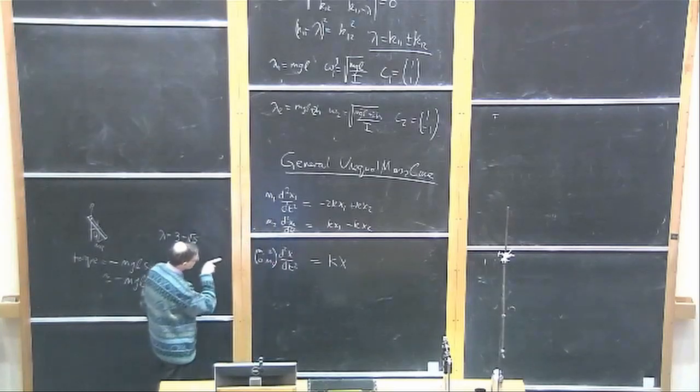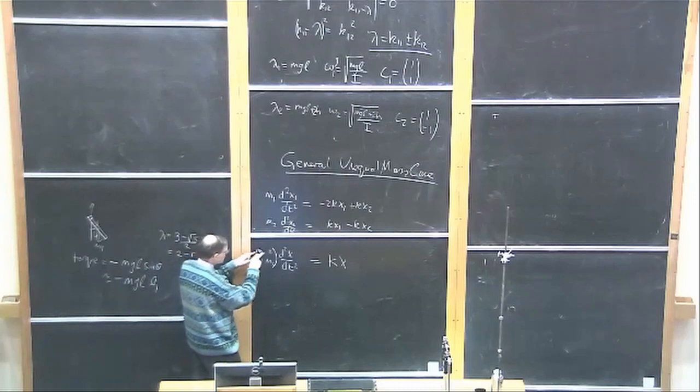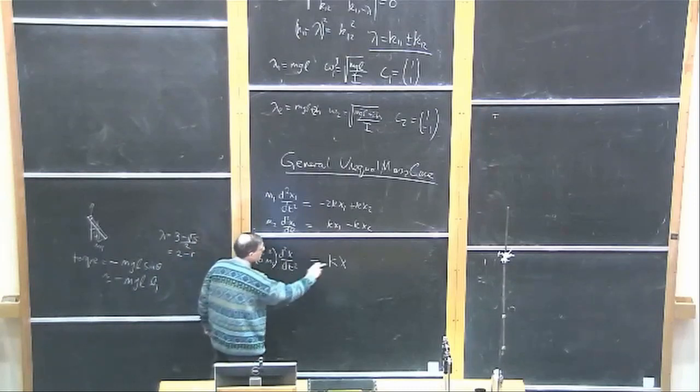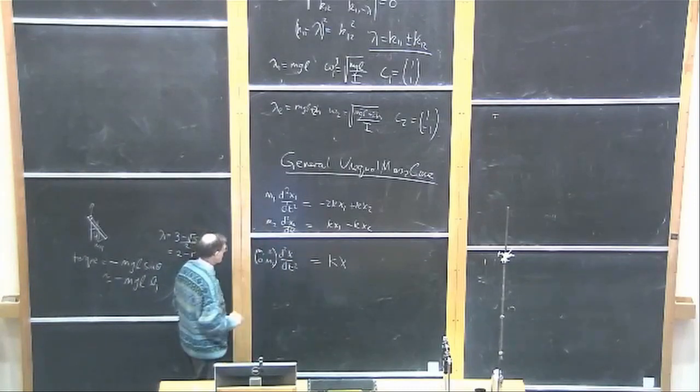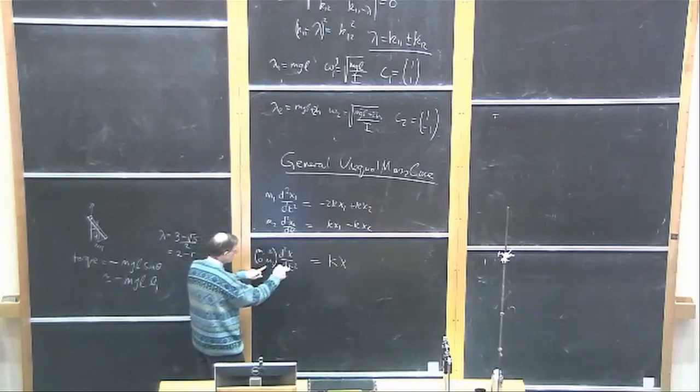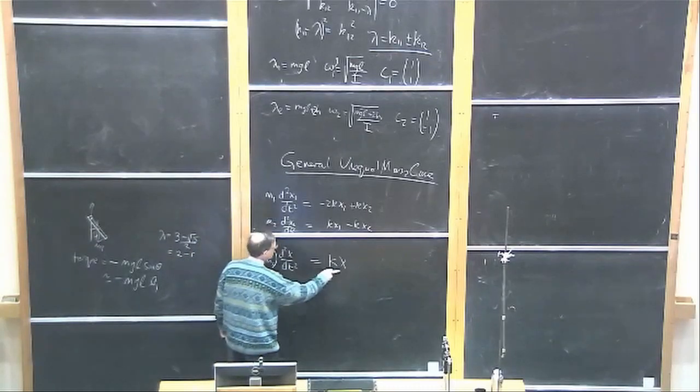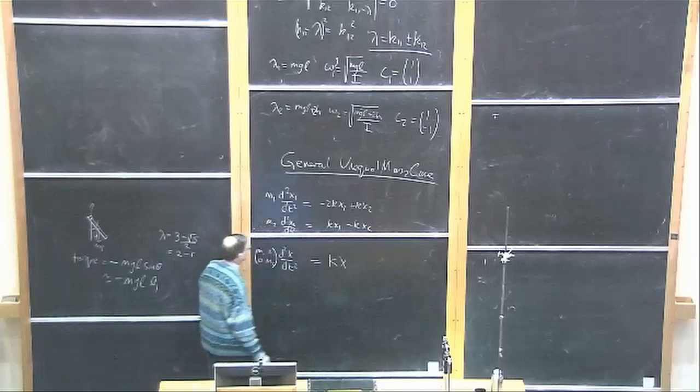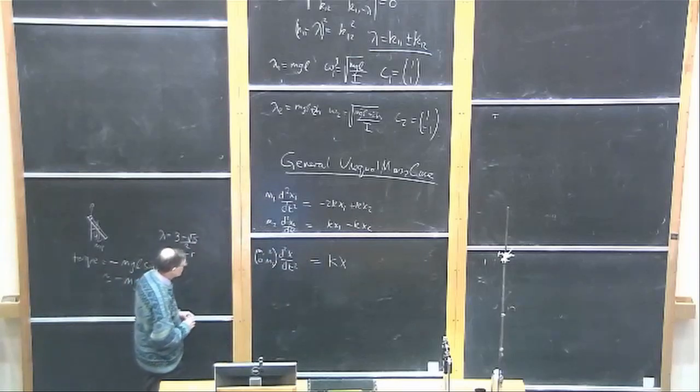If we read across the first row of that equation, it reads m1 d2x1 by dt squared, which is what we had here, and m2 d2x2 by dt squared is the second row, which is what we had here. So that's certainly doing the right thing.